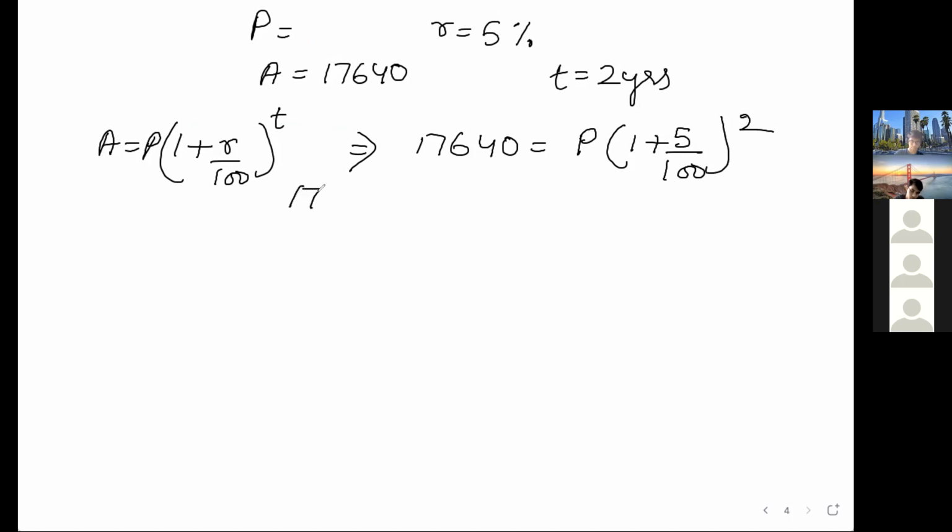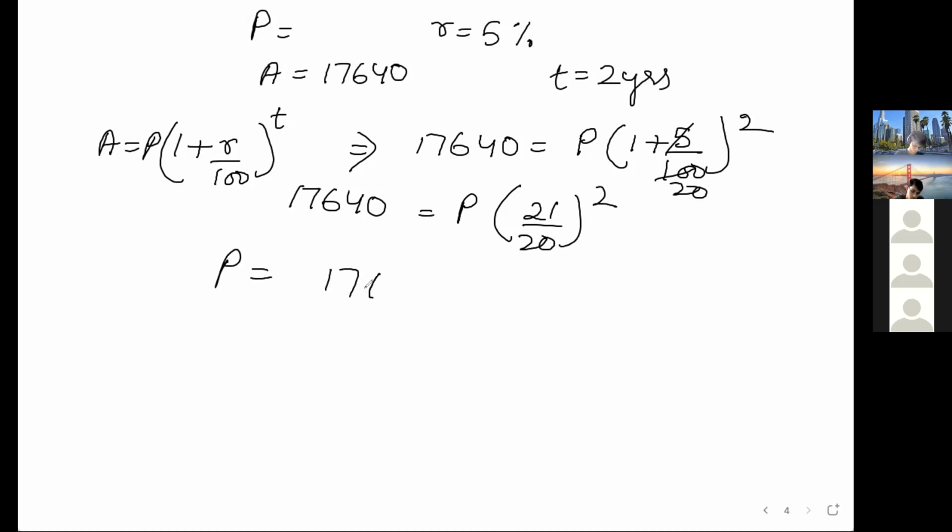So 17640 is equal to P into 21 by 20 का square. So P is equal to 17640 into 20 into 20 divided by 21 into 21.